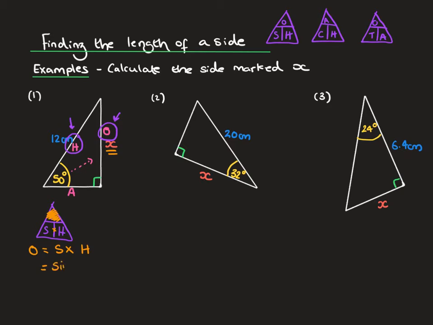It stands for sine of the angle, which in this case is 50 degrees. So we need to do sine 50 multiplied by the hypotenuse of 12. We're going to input this into our calculator, and this gives us an answer of 9.1925... So X is equal to this value here, which I'm going to round to one decimal place, 9.2.